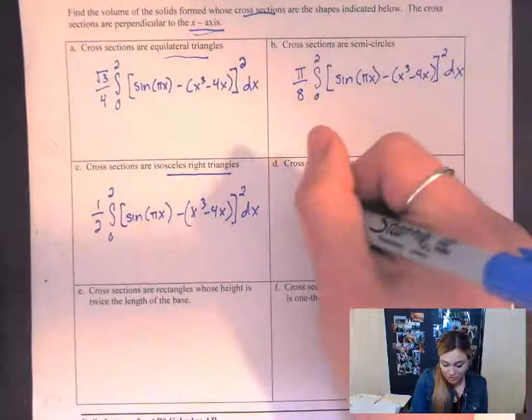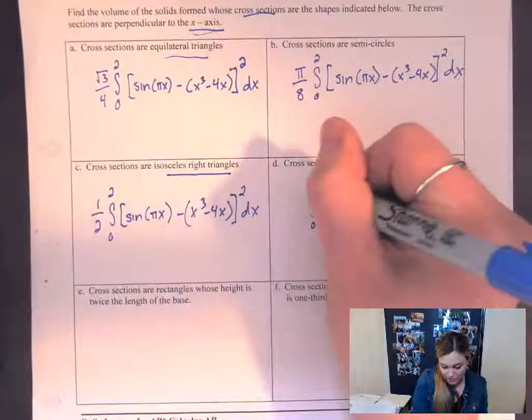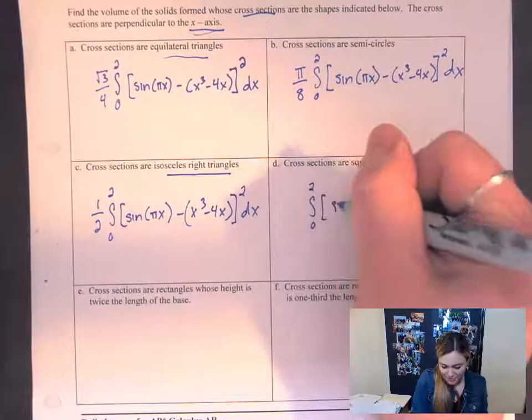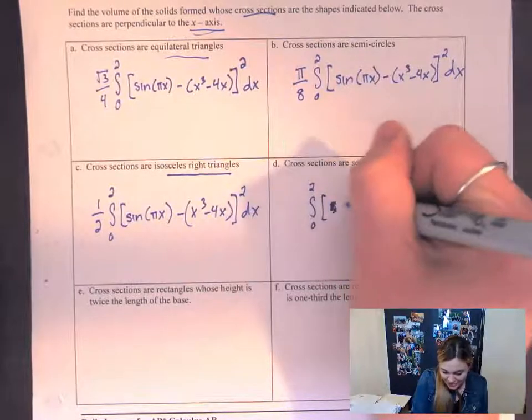Squares just have 1, so this would be 1, or you could say 0 to 2. Oh, I almost wrote f of x minus g of x.